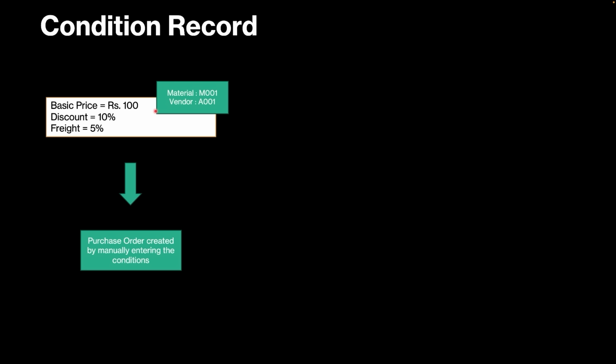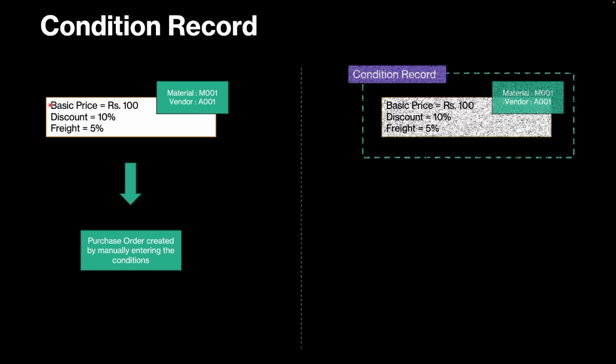That is, in your system, you can maintain a master data which will basically tell the system that whenever you are purchasing this material from this vendor, these pricing conditions are to be populated in the purchase order. And this master data is called a condition record. That is, based on combination of multiple variables, you will maintain something called a condition record.